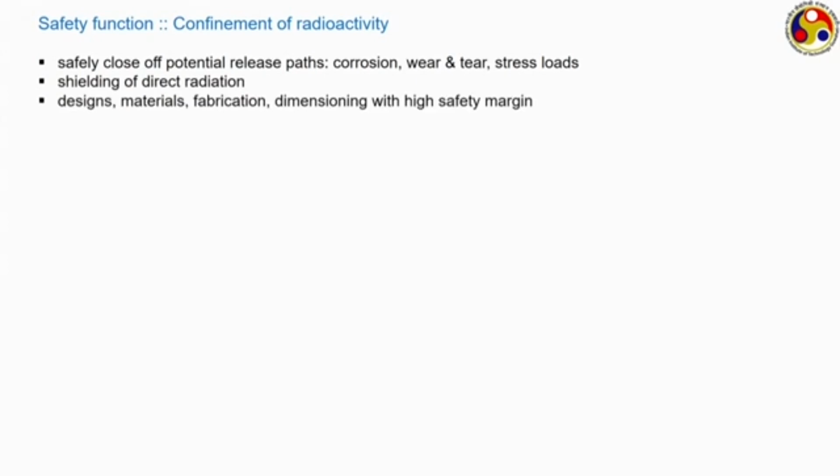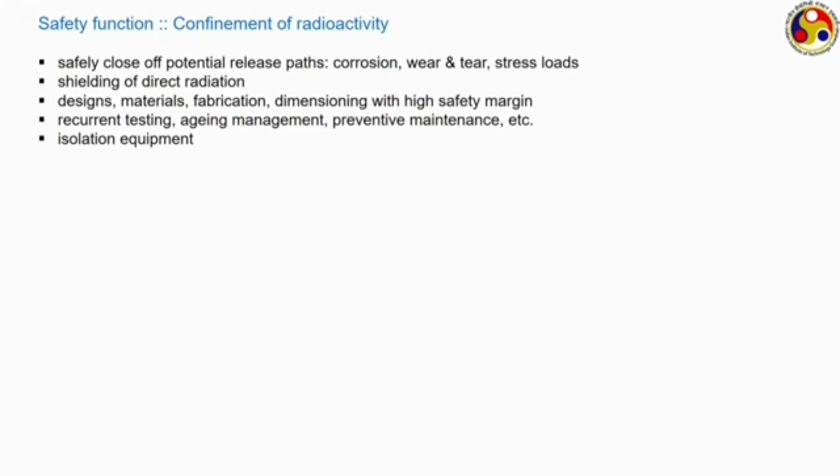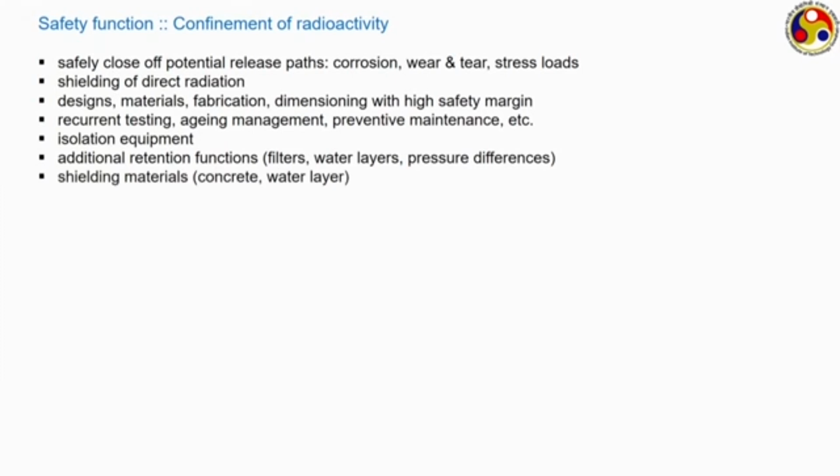Shielding must be provided against direct radiation. Design, material, fabrication and dimensioning with high safety margins, and all kinds of recurrent testing, aging management, preventive maintenance, etc., should be done. And finally, isolation equipment. We can also have additional retention functions like filters, water layers, etc., which can lead to the confinement of radioactivity. And shielding material, of course, has to be there.